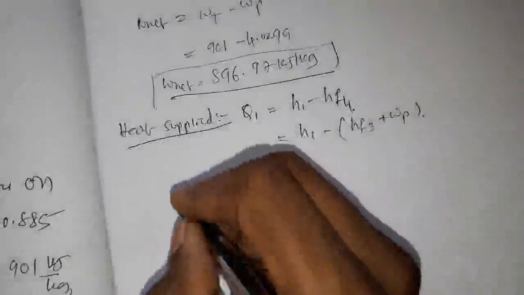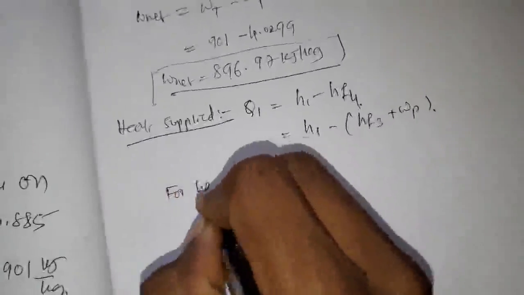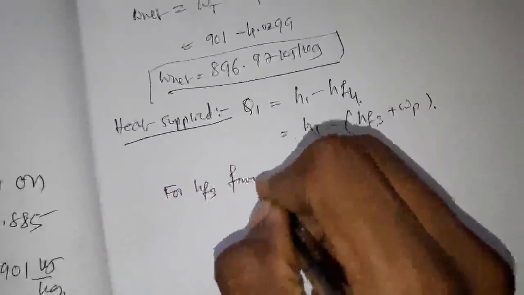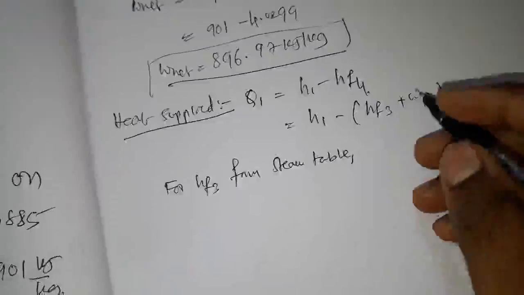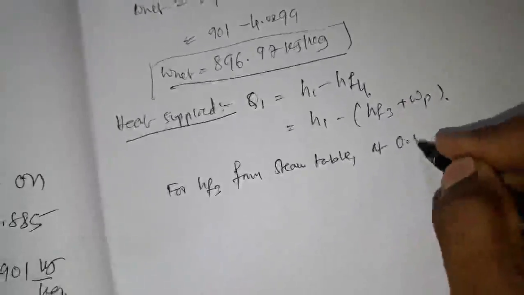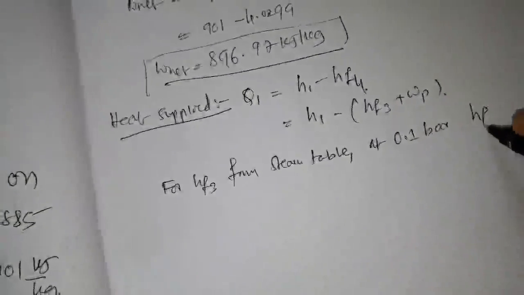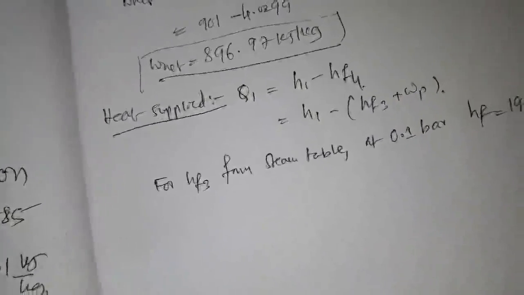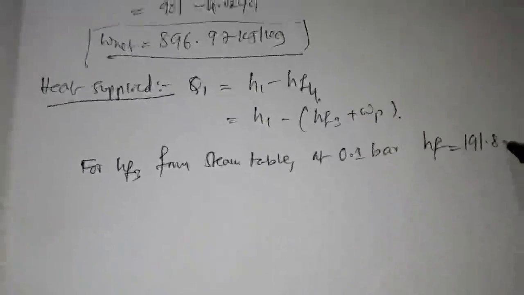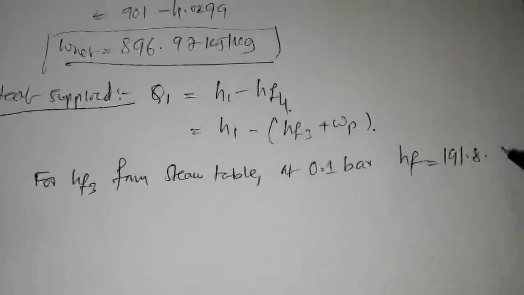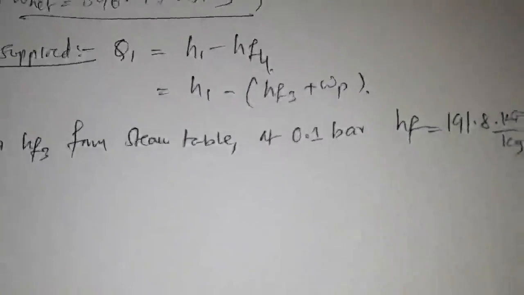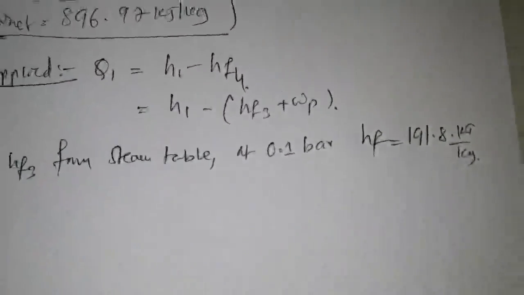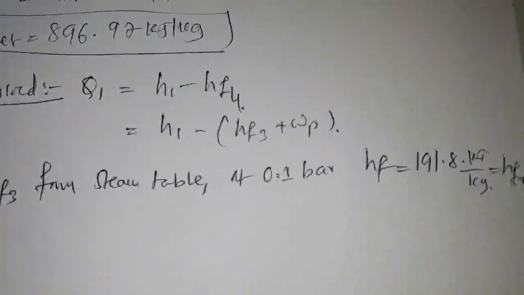For HF3 we have to refer to the steam table. Steam table at 0.1 bar, HF is equal to 191.8 kilojoule per kg, which is equal to HF3.